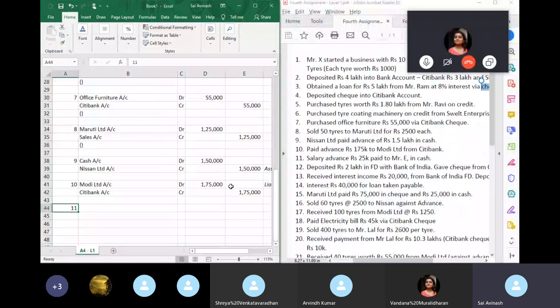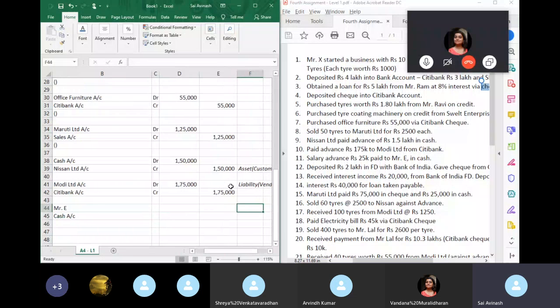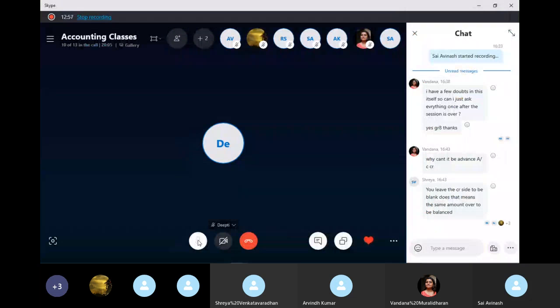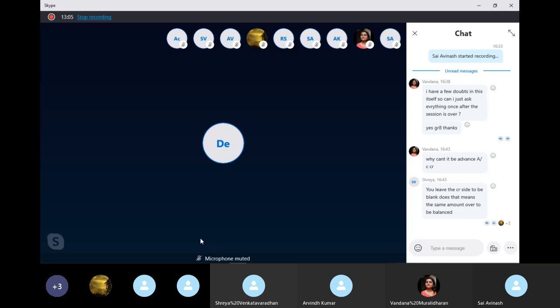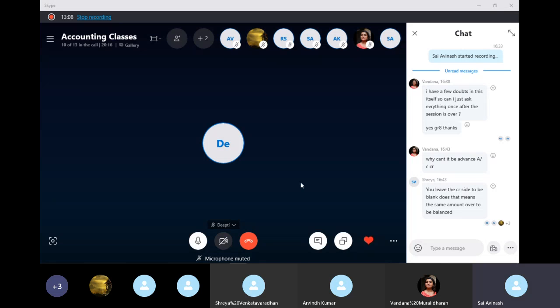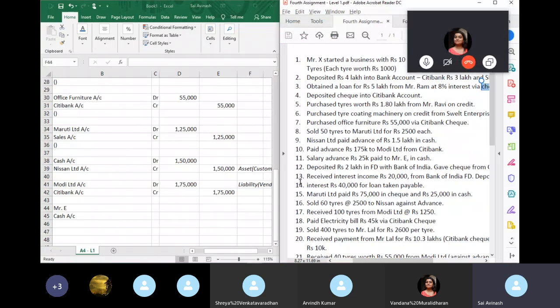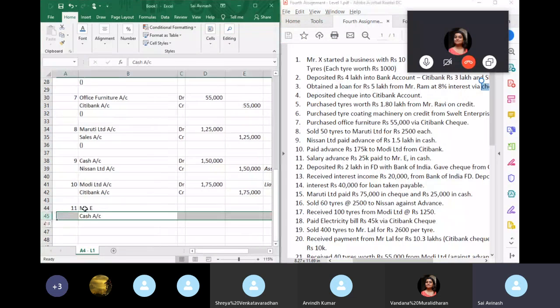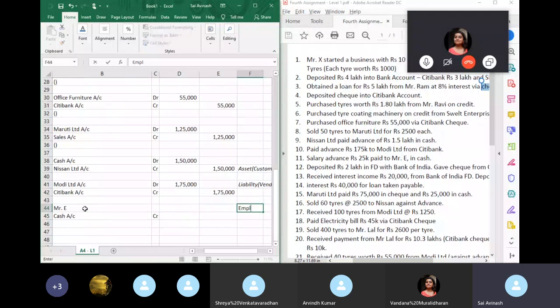Transaction 11. Salary advance, rupees 25,000, paid to Mr. E in cash. In this case, I have a guy called Mr. E. I know I'm paying cash to somebody, so there is a cash account involved and Mr. E. I'm paying cash, my cash reduces, and Mr. E is my employee.